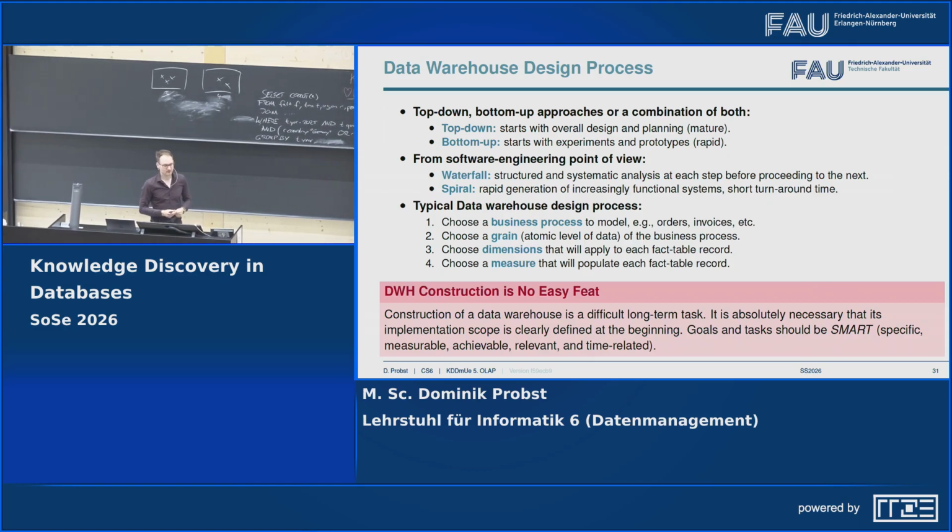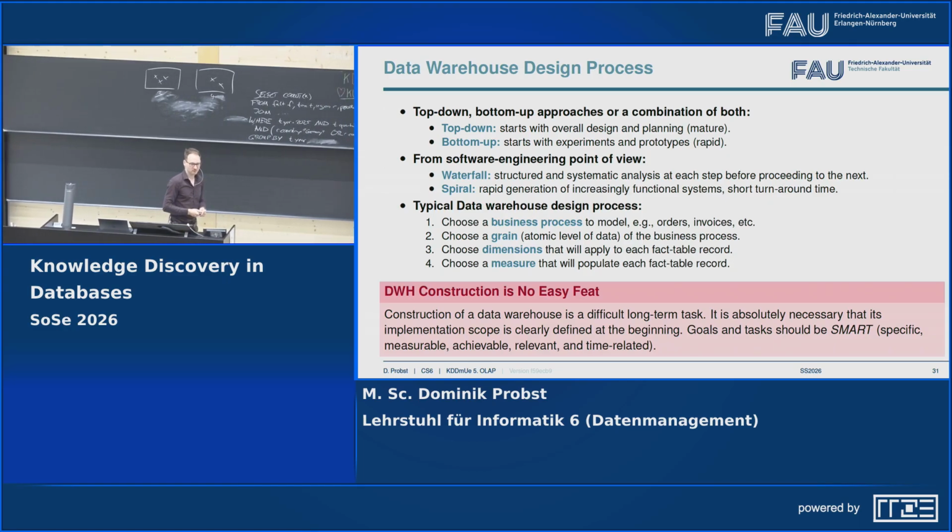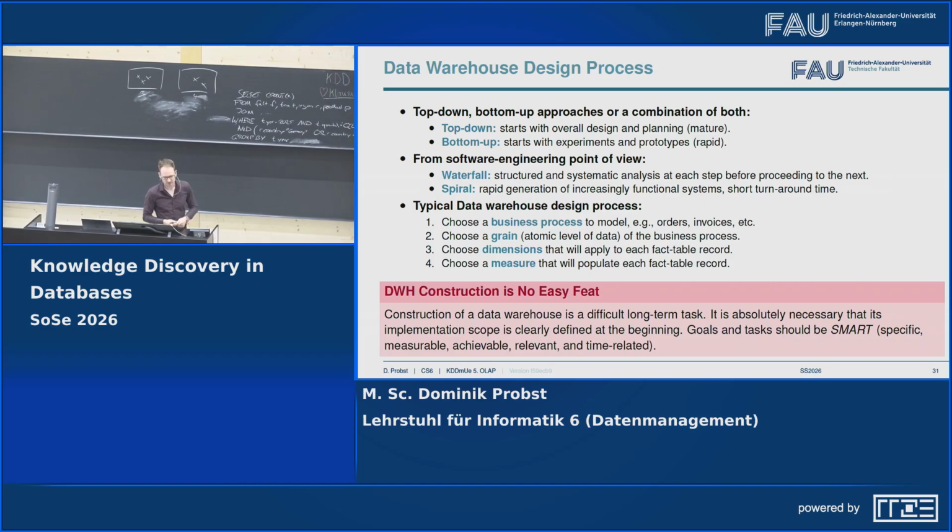Then the data warehouse design process can be done top down or bottom up. So we start with planning and design, and then we go down, put in the data, or we can do bottom up, where we do rapid prototypes and go up. Of course, we can do that in different ways, software engineering wise.